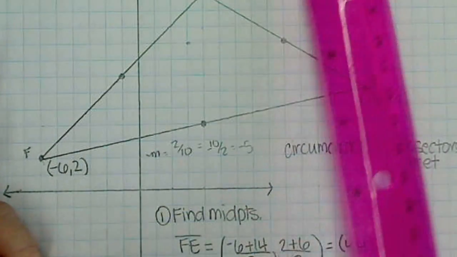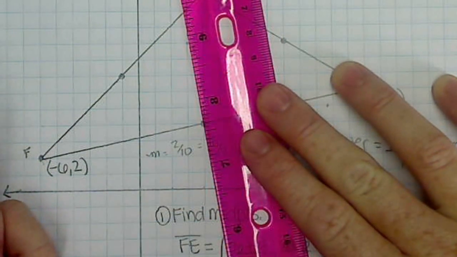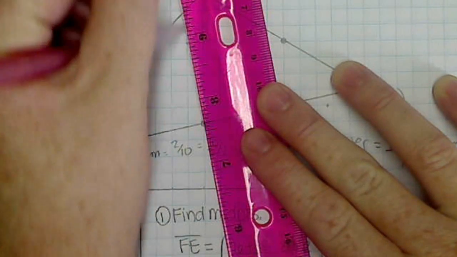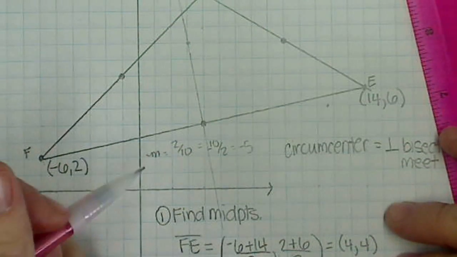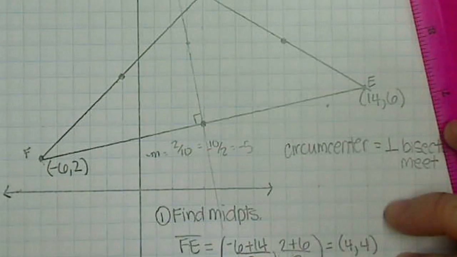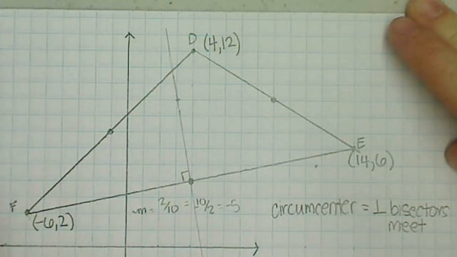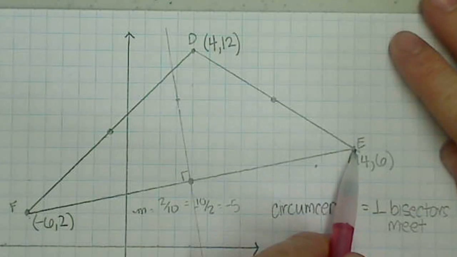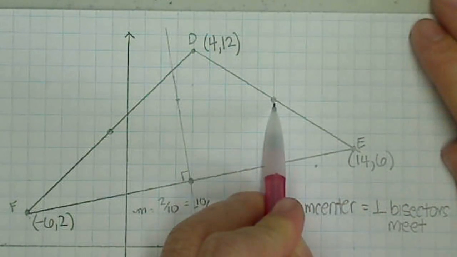I'm going to use my ruler so that it's straight, because I'm going to find an intersection, and I'm going to sketch this. Now, because my circumcenter could be outside, I want to make my line go outside the triangle. Okay, let's talk about the slope of DE. The slope of DE, rise 3, run negative 5.